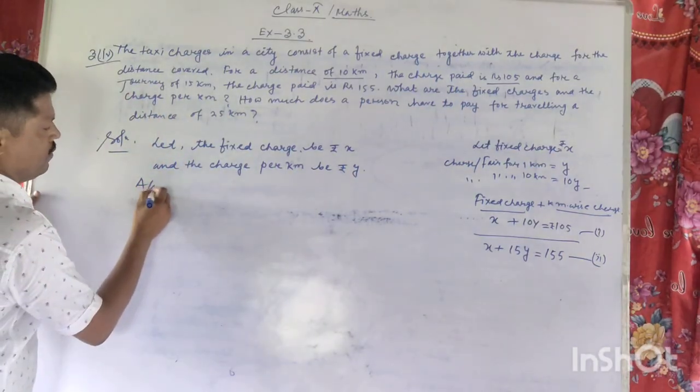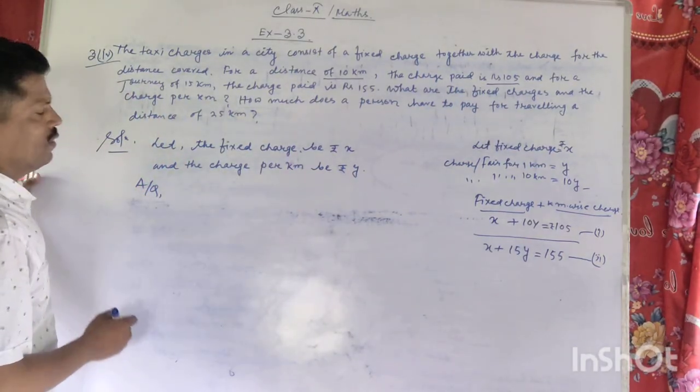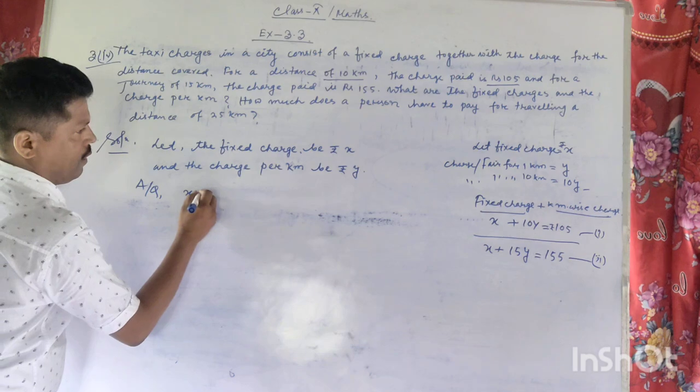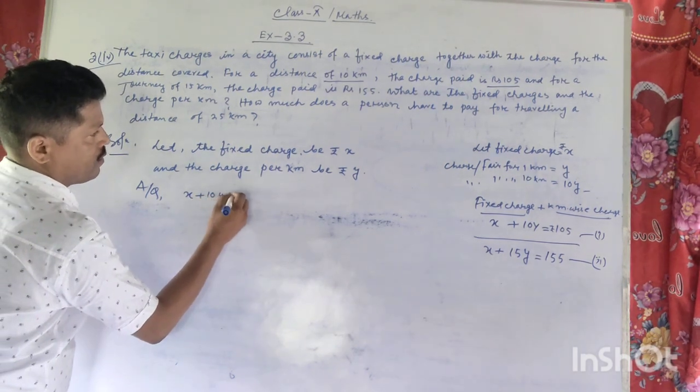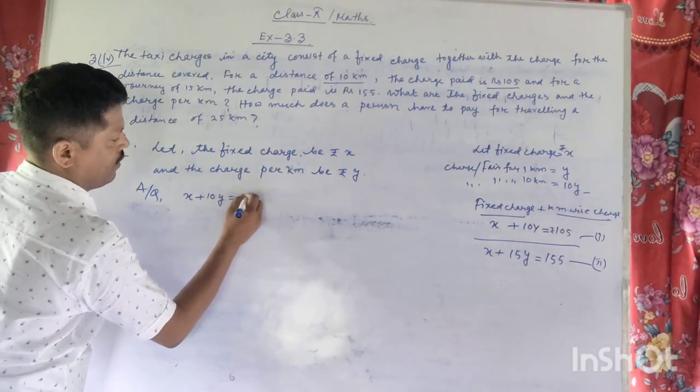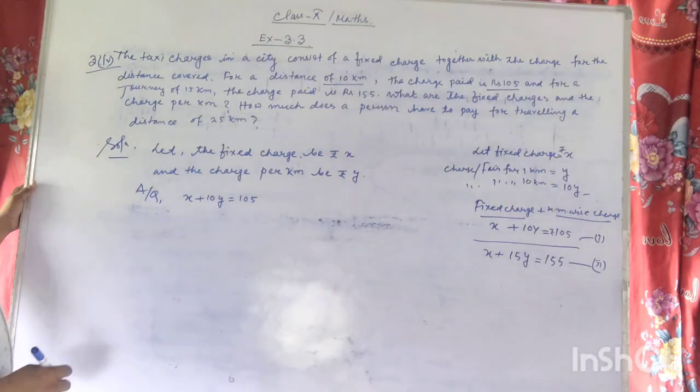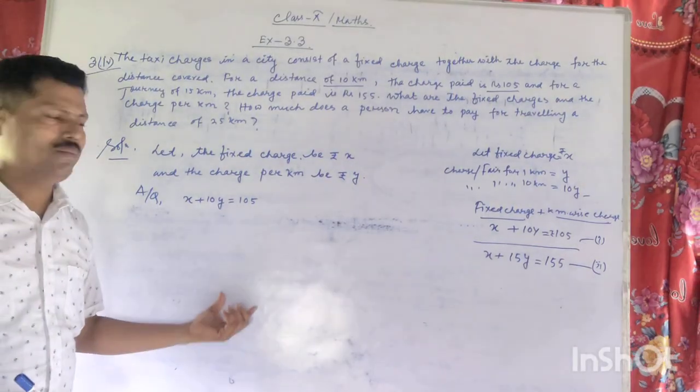According to the question, we have already prepared: x plus 10y is equal to 105. Rupees we can write later.